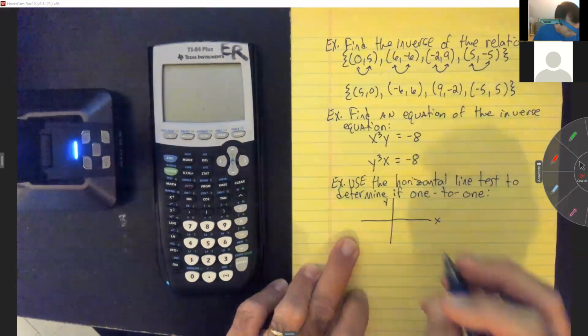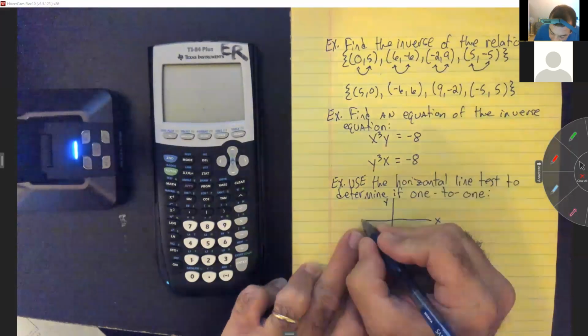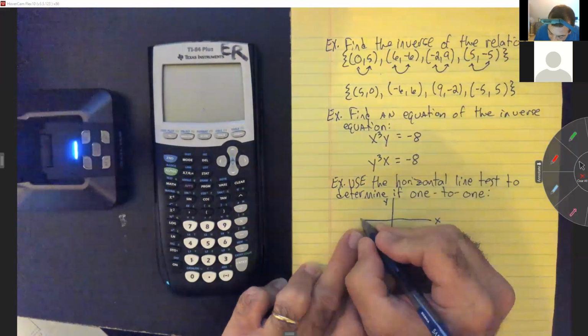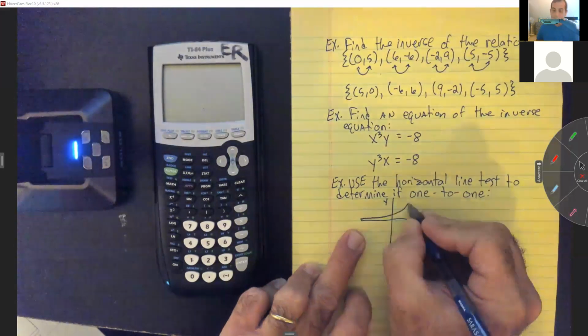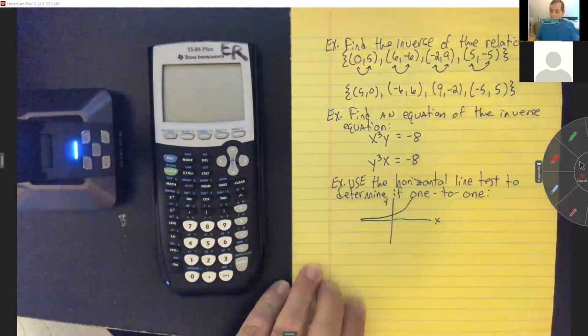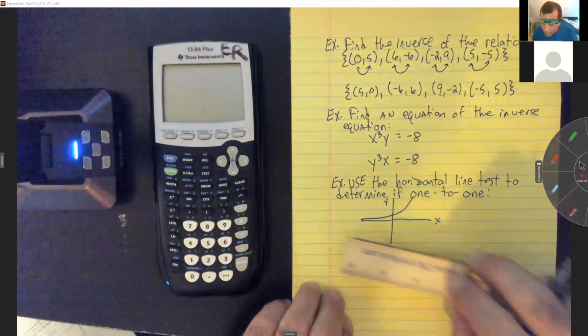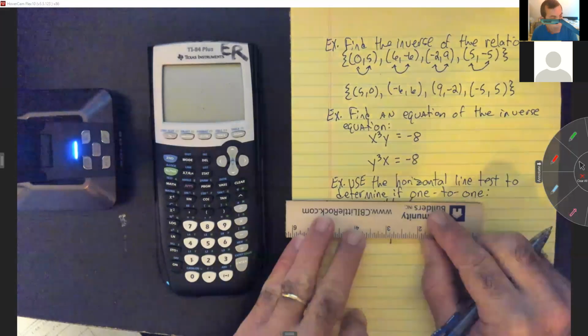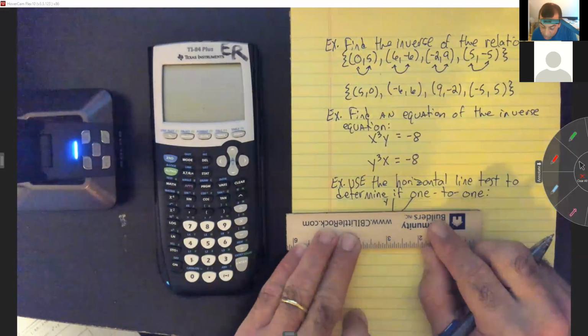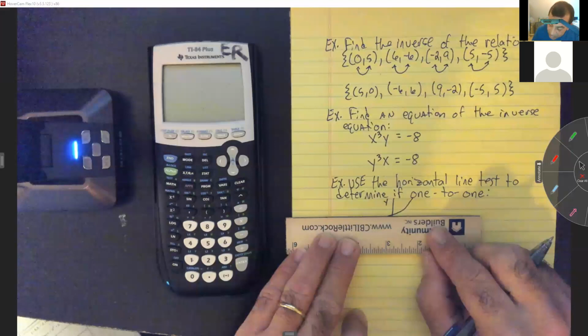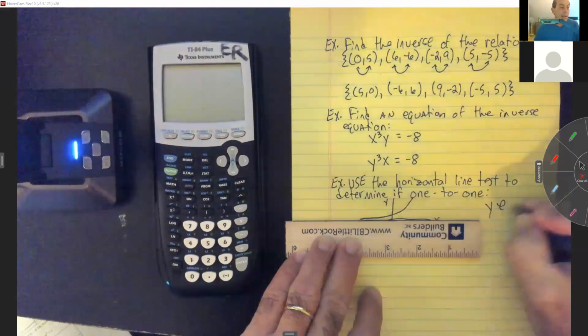And this first graph is just slowly going to go uphill, and then it curves up. On this graph, I would just come down with my ruler, run my horizontal line, and notice I don't touch the graph more than once anywhere on that line, so this is definitely a yes.